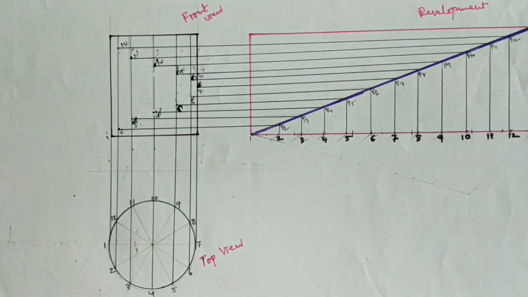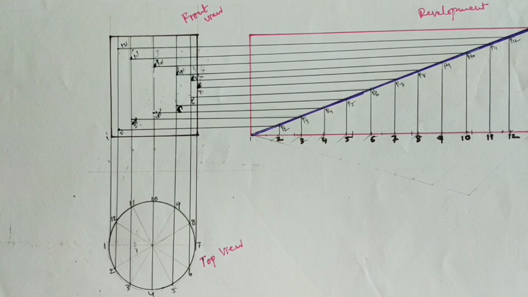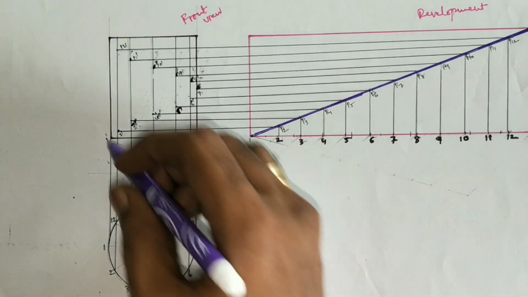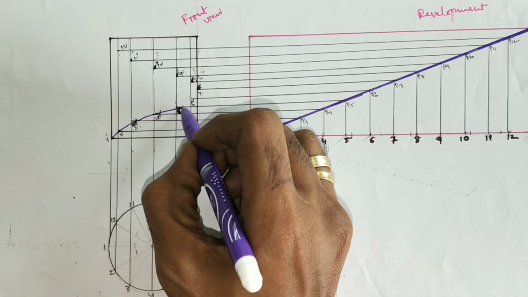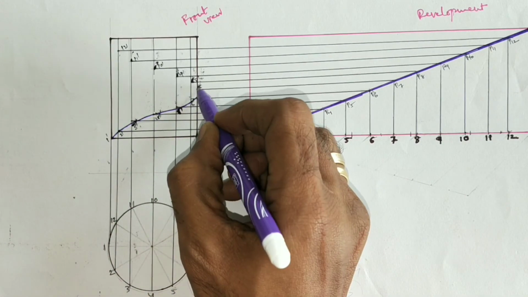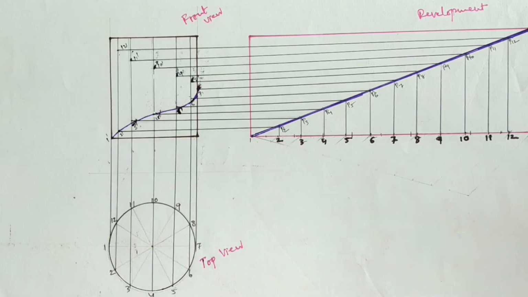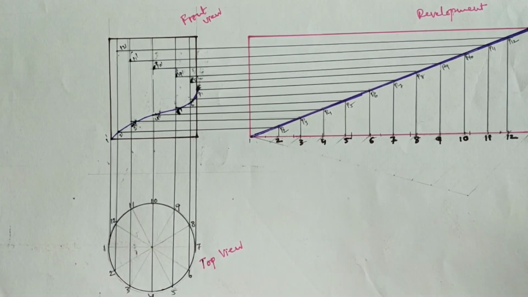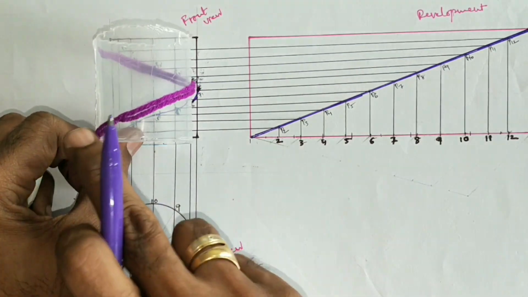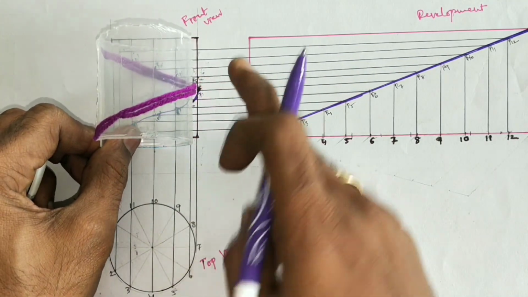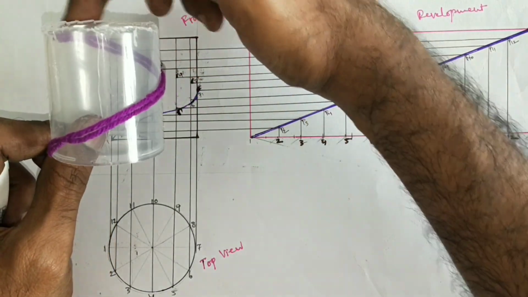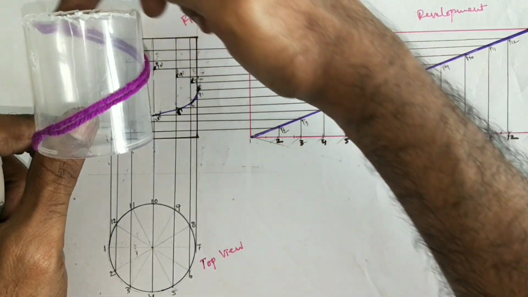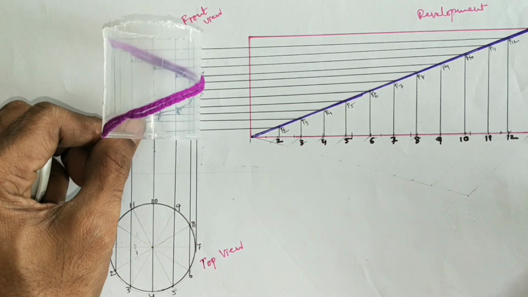Afterwards we have to join all the points in order to get the helix, a smooth curve, from 1 to 2, 3, 4, 5, 6 and 7. From this portion to this portion, the helix is going to be visible. After that, whatever part of the helix is on the back side of the cylinder is not going to be visible for us.